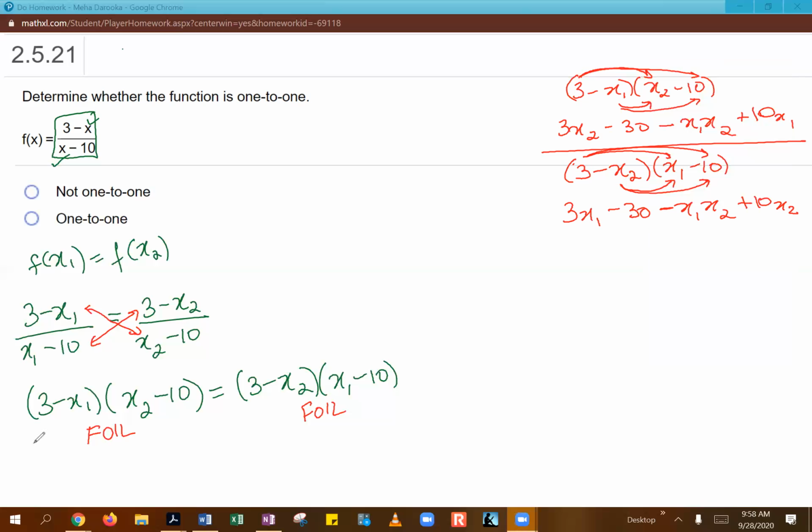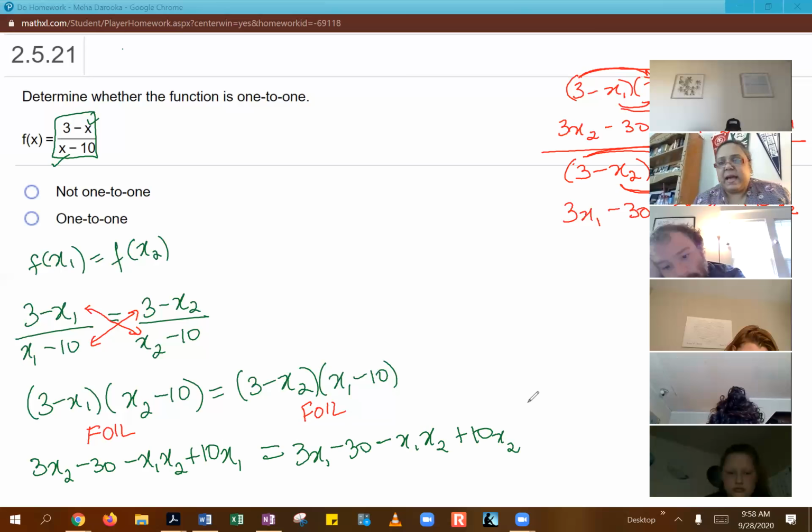So on the left-hand side, we had 3x2 minus 30 minus x1, x2 plus 10 times x1. On the right-hand side, we have 3x1 minus 30 minus x1, x2 plus 10 times x2. And what do you think is going to happen here when you try and bring those terms together?